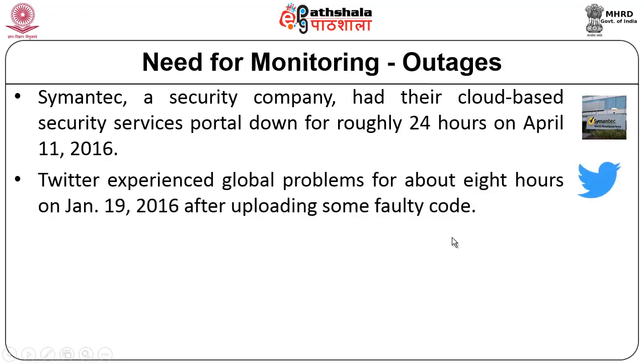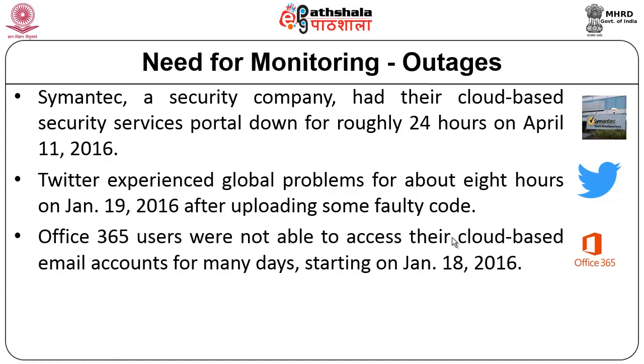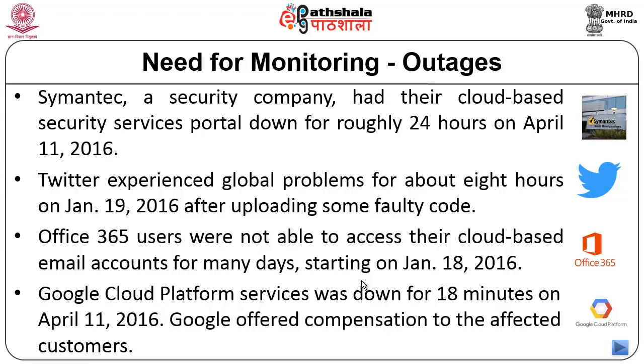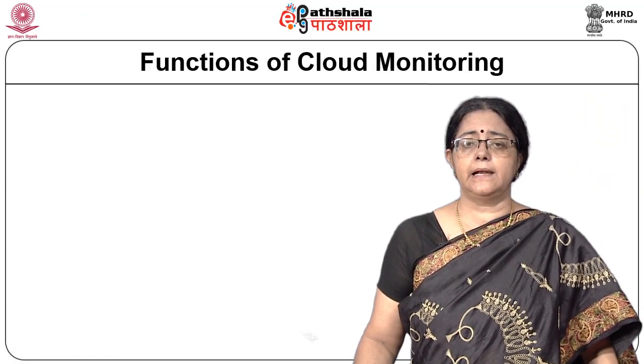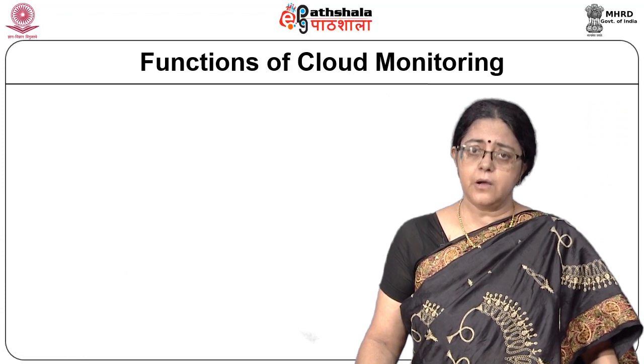Twitter was out for 8 hours in January 2016. Microsoft Office 365 users were unable to access their email accounts for many days, and Google Cloud was out for 18 minutes, and Google has made all kinds of adjustments to ensure that their clients are compensated.